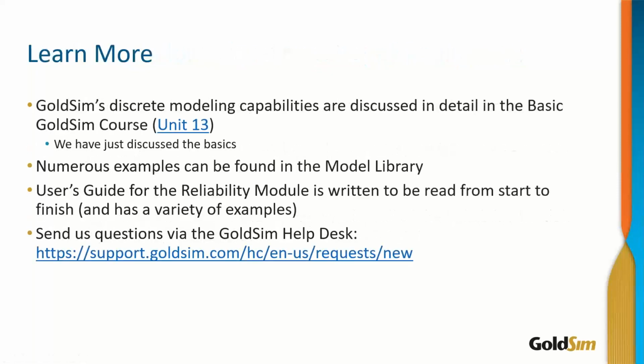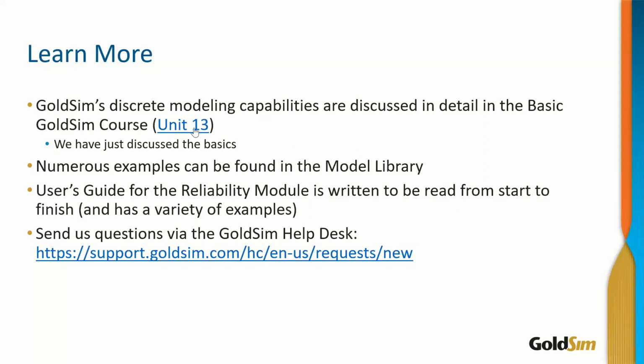All right, so we've covered a lot today, but they're kind of simple topics, and I just want to summarize the things that I talked about. These discrete modeling capabilities, I went through them quickly, and I only covered 20% of the features.